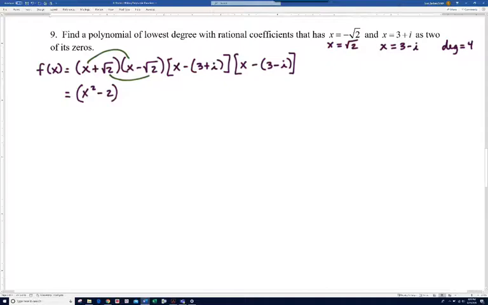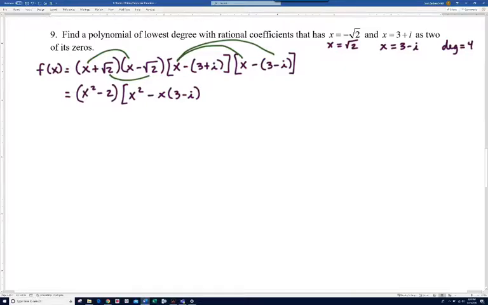And now we'll do the same thing here. We're going to multiply this out. Now this one's going to be the harder one. We'll multiply x times x, we get x squared. Now there's no shortcuts here. These are not conjugates. We'll do x times negative 3 minus i, so that is minus x times the quantity 3 minus i.